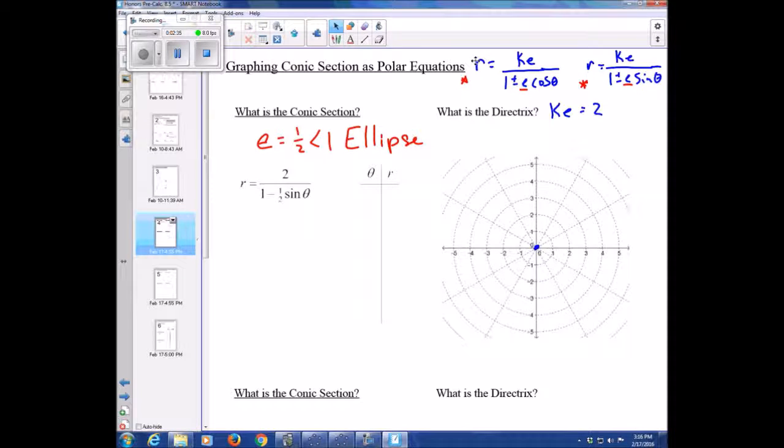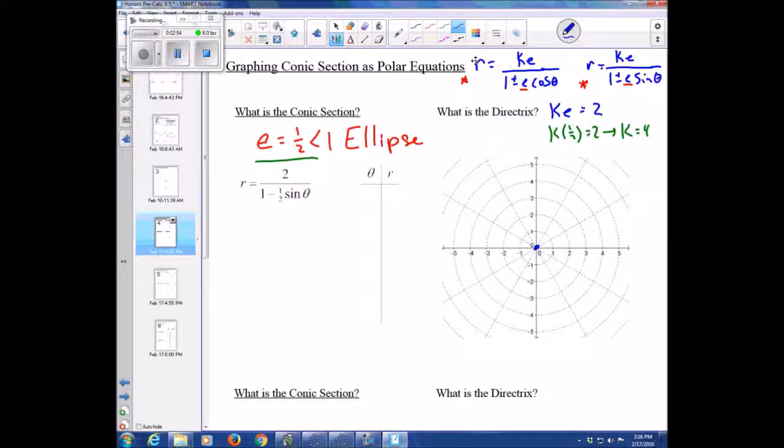Since we know the eccentricity is 1/2, k times 1/2 equals 2, which gives us a k value of 4. So the directrix is going to be 4 units away from the focus on the origin.